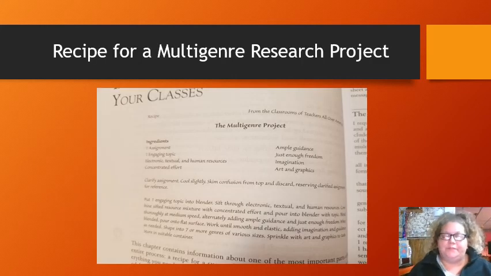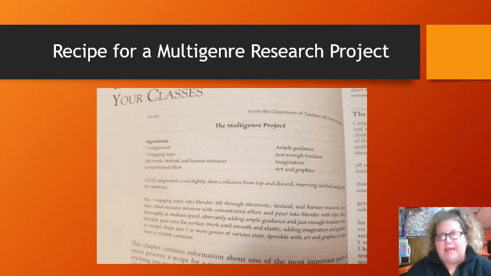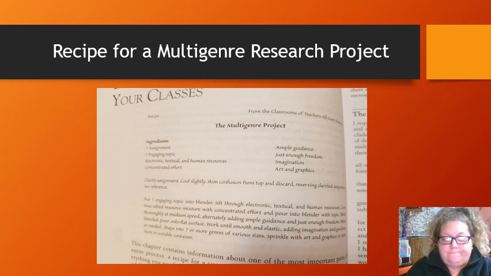Okay, so here is an example of a piece that you could use in a multi-genre research project, and that is the recipe. And this is a recipe for a multi-genre project.